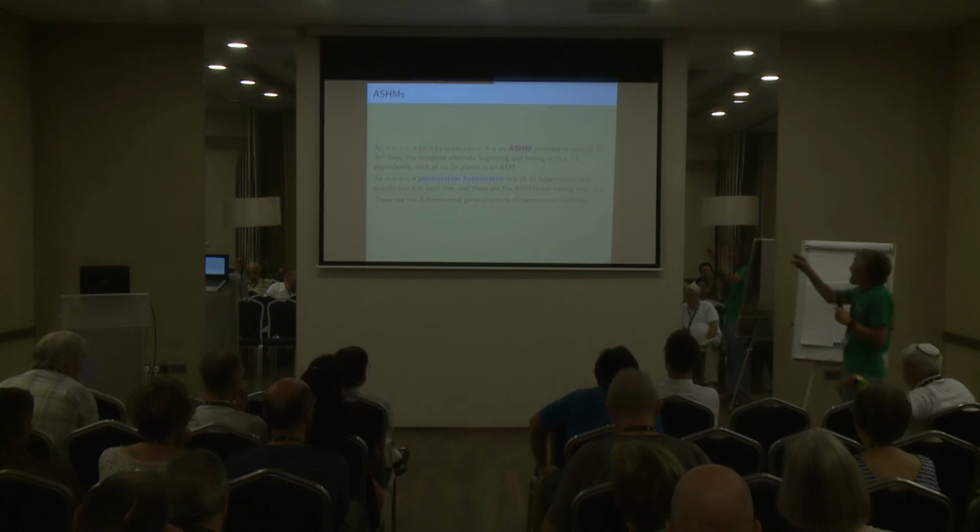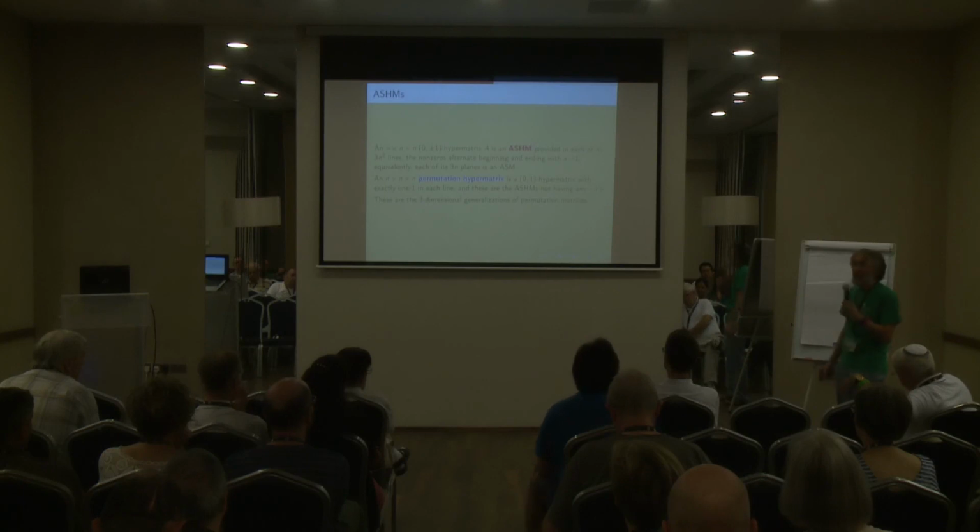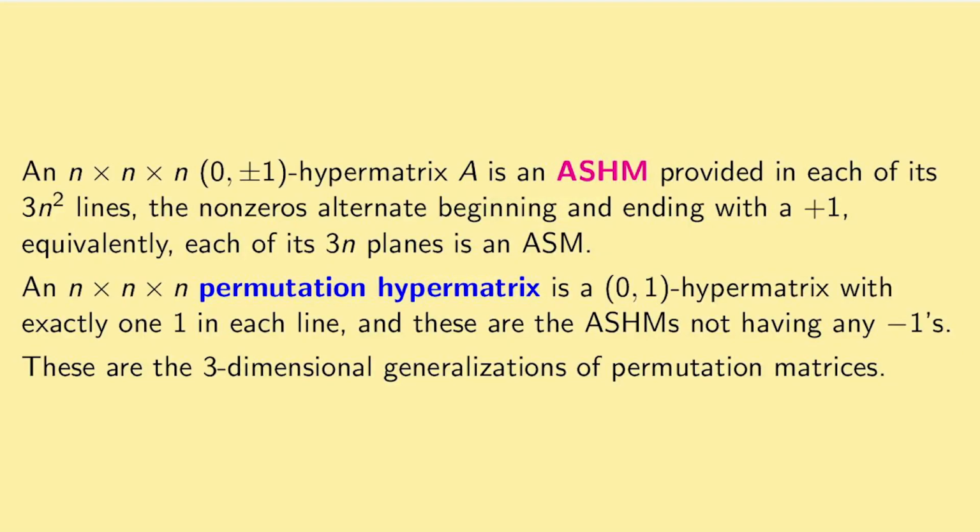And a special case of this is the permutation hypermatrix with exactly one 1 in each line. Those are the alternating sign hypermatrices not having any minus ones. So these are three-dimensional generalizations of what sometimes are called permutation matrices, these permutation hypermatrices.